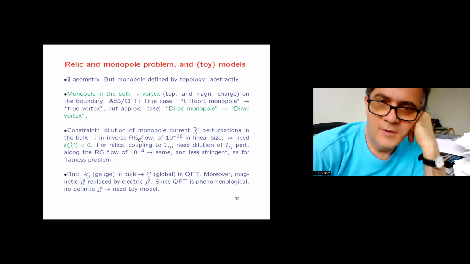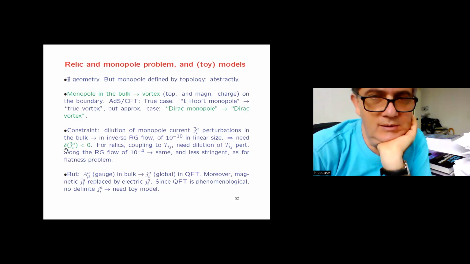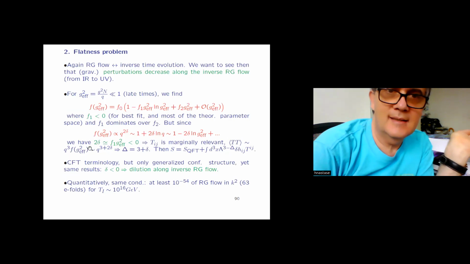So during cosmological time, which means inverse RG flow, the monopole currents need to be diluted, which means the anomalous dimension delta of these monopole currents should be negative, as we saw in the previous case.